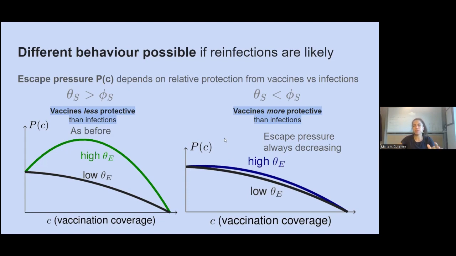And we can try to think for a bit why this is true. How I try to understand it is to think, well, if vaccines give you more protection than infection, even if they increase the risk of escape in each individual infection that happens in a vaccinated individual, that increased risk would also be happening in an individual that gets reinfected.